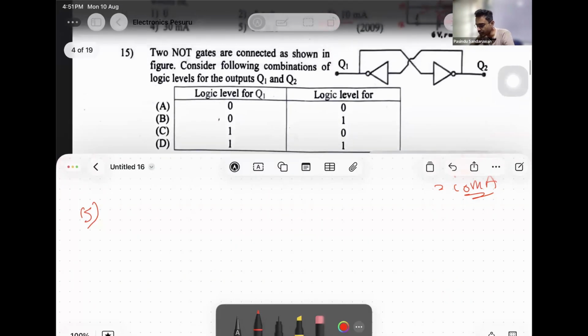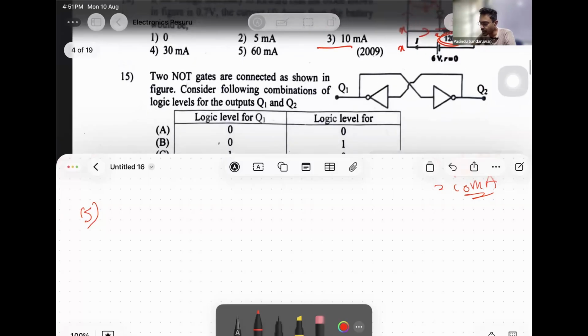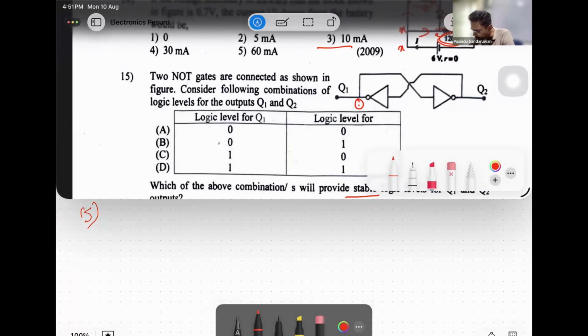Now, let's check for Q1 equal to 0. If Q1 is 0, along this wire, this becomes 0. If this NOT gate is simplified, this is going to be 1. But from here, if this is 0, when you simplify this, this is also 1.